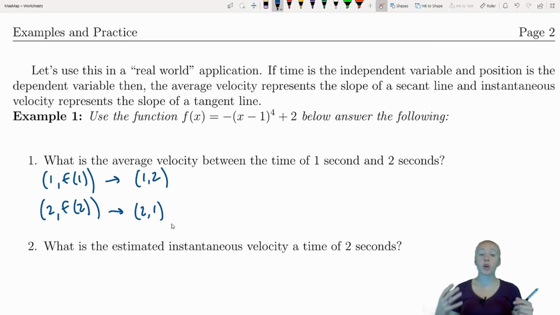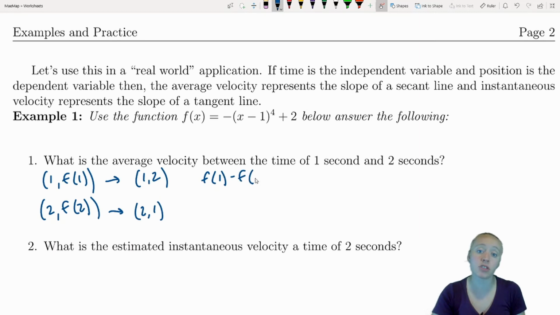Now remember, slope is change in y over change in x. And the order in which I use those points doesn't matter as long as I'm subtracting the same way. So if I take the y value of the last point and subtract the y value of my first point, I need to do that same order in my denominator for x, or vice versa. So I'm going to start with f of 1 as x1, y1, and subtract f of 2 as my x2, y2. So I'm going to have f of 1 minus f of 2 all over 1 minus 2.